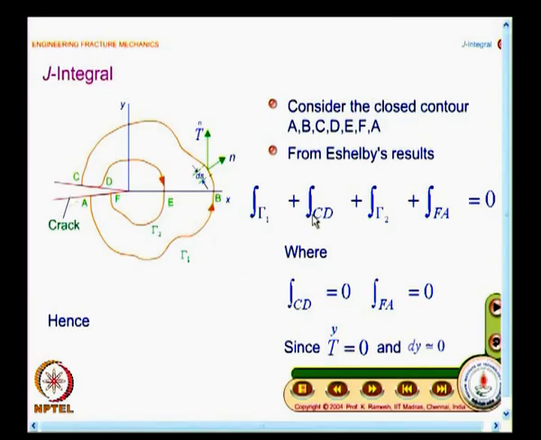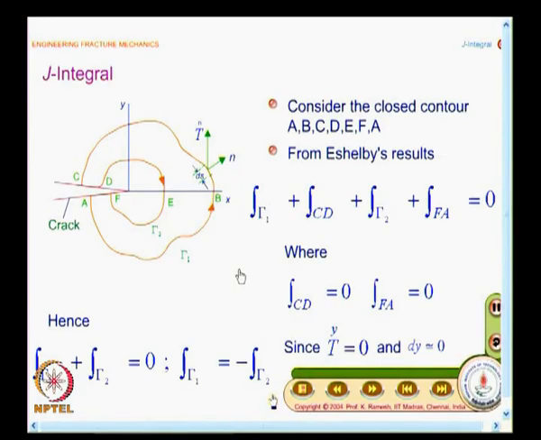So, when these two integrals go to 0, we get a very interesting result. Integral over the contour 1 plus integral over the contour 2 equal to 0. So, these are equal and opposite. In one case you are going in an anti-clockwise direction, in another case you are coming in a clockwise direction. That is why the sign change is there. And what do you see?